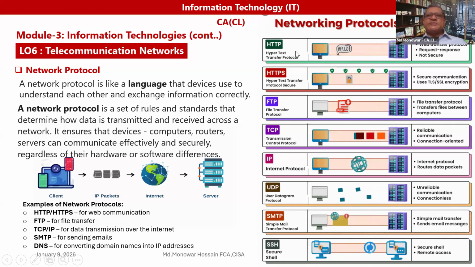That means we know HTTP is hypertext transfer protocol. It is the web transfer protocol, request and response, but it's not secure. Secure is this one, because HTTPS is hypertext transfer protocol secure. So here, secure communication uses TLS/SSL encryption.